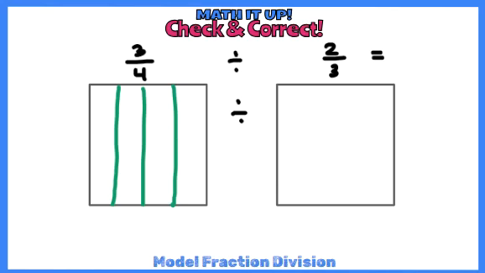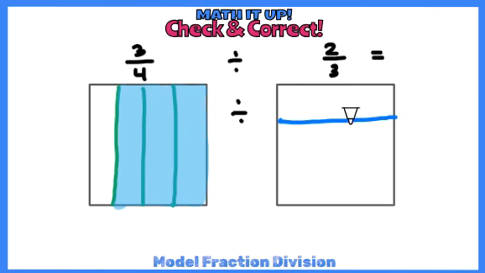All right, let's go ahead, and the next thing you should have done is to fill in 3 of these fourths. Again, you do have to have them side by side, so it's easier to count them off. Okay, so now we have 3/4 represented, and we're going to go to our other model, and we're going to divide this into thirds.